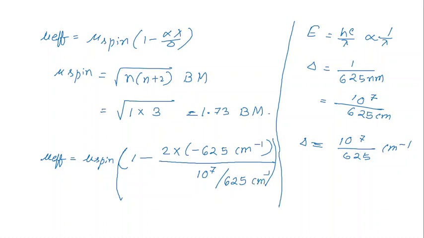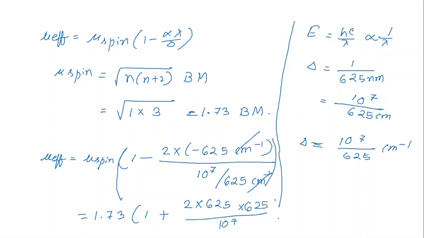Can you calculate it? What is the value of it? We know the value is 1.73, and this will be plus or minus 25. Try to manage the units, then you can solve the question easily.